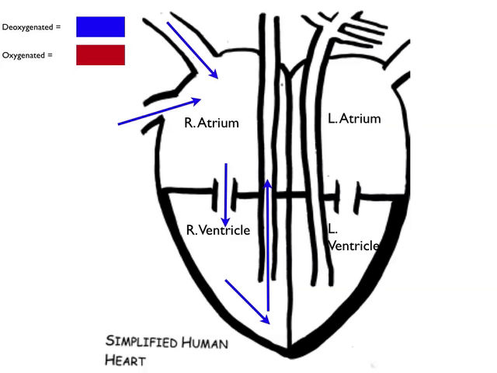Close, but let's be more specific. Pulmonary artery. Good. Pulmonary because it's going where? To the lungs. Artery because it's going away from the heart. So this is the pulmonary artery. It's bringing the blood from the heart out to the lungs.